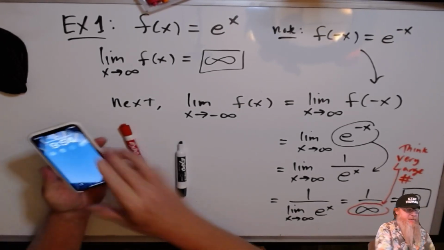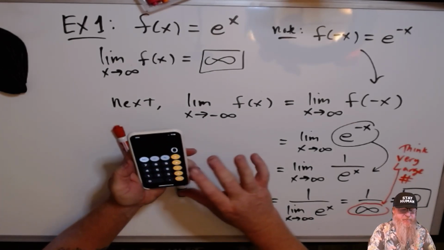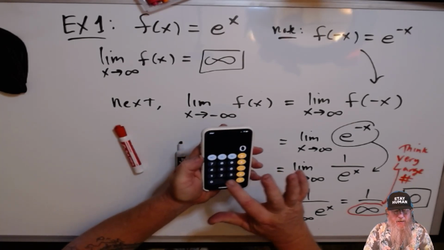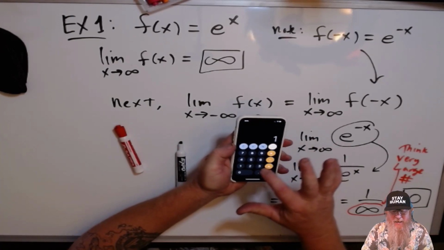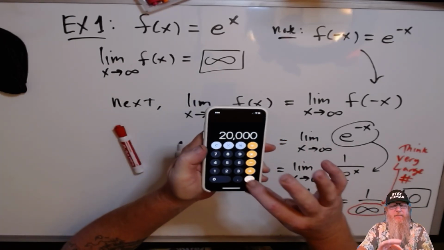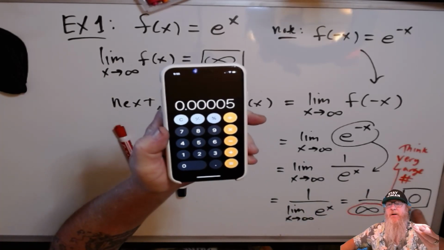And again, by very large, it doesn't have to be a billion. I mean, you can just do 20,000. So 1 divided by 20,000. And look what I get. I get a very, very small number.